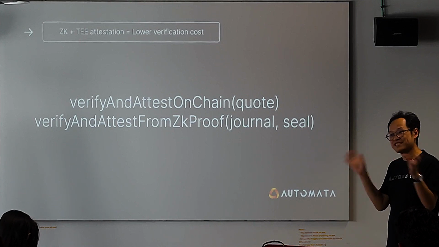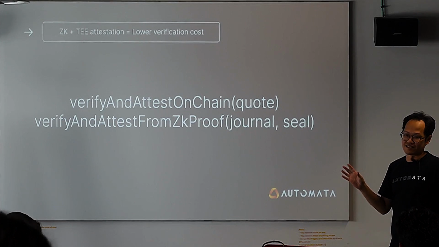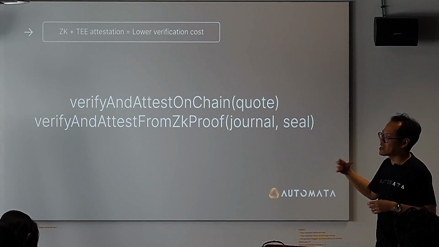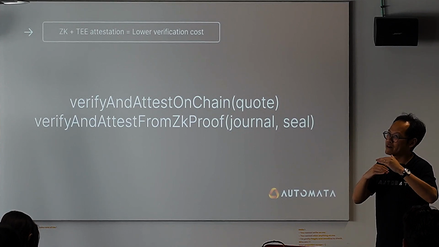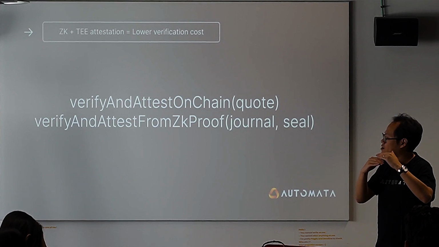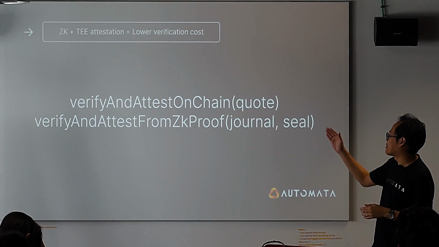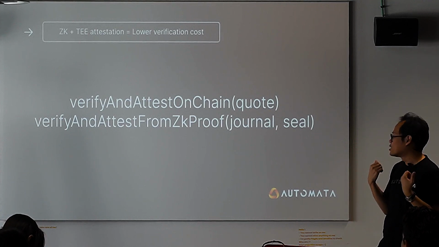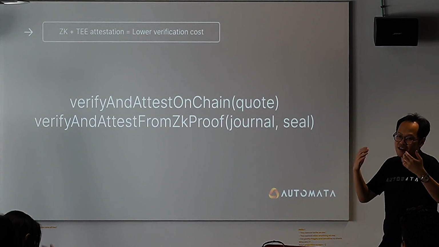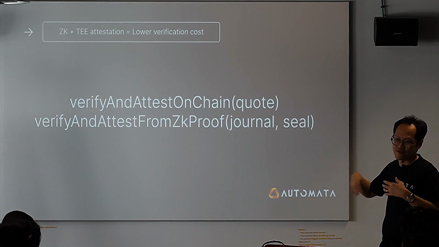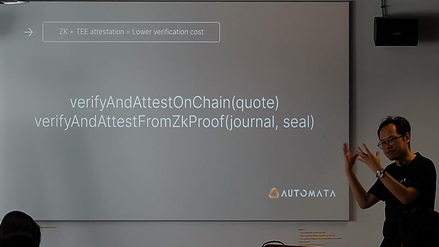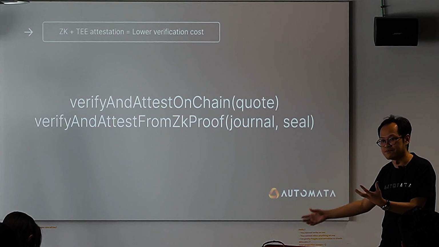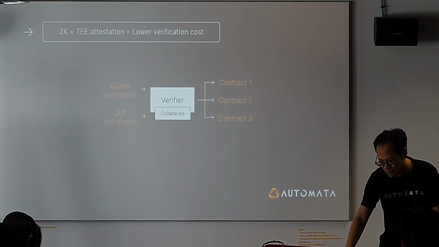But since we have already separated out the verification portion and the business logic, now we can have a common interface where we can have verify and attest on chain if we want to perform everything on chain, or if we want to make use of a ZK proof. And the output of these two interfaces will be the same. It will be the verified output that downstream applications can use.